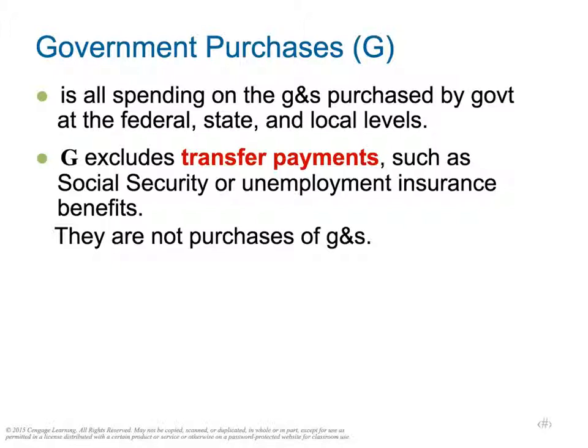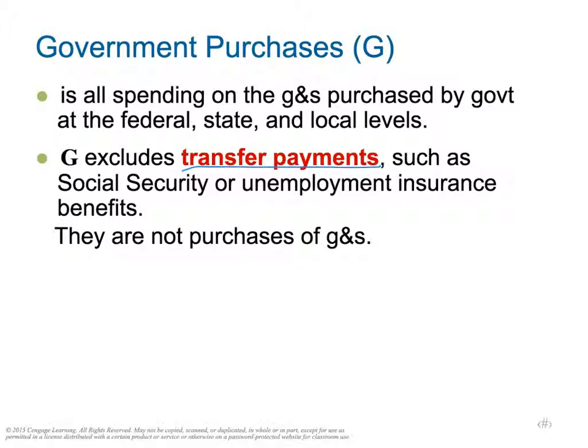One of the things that it doesn't include is any kind of transfer payments, and this might be the first time that you've seen this idea of transfer payments. But transfer payments are those payments that you get, but you're not giving the government anything in return. There's no circular process back and forth.